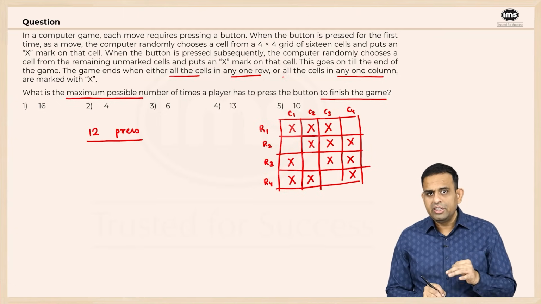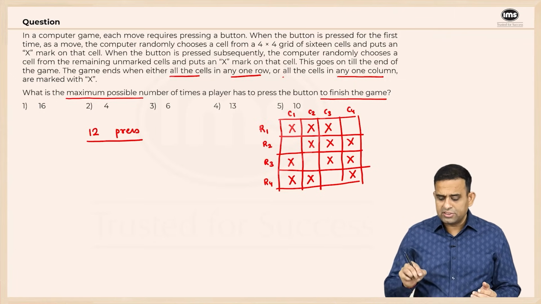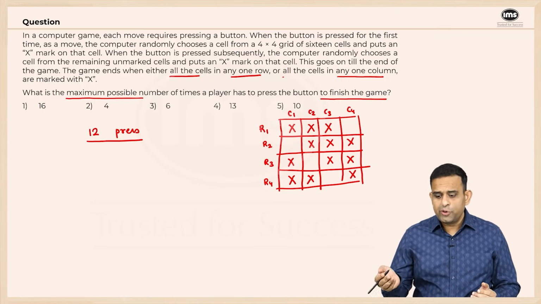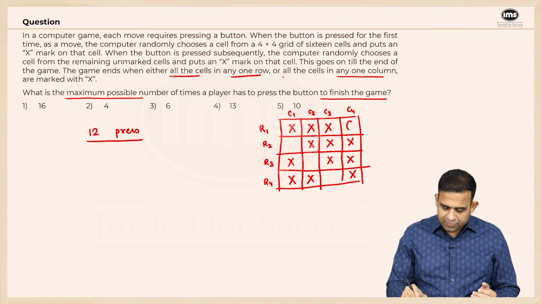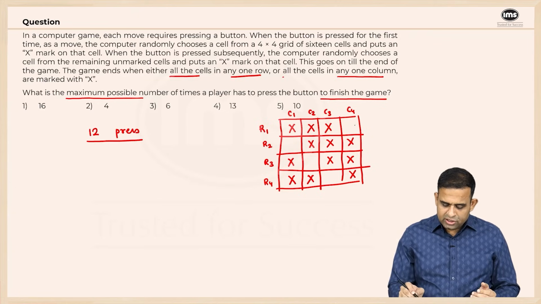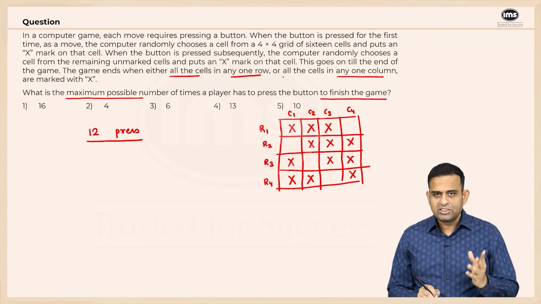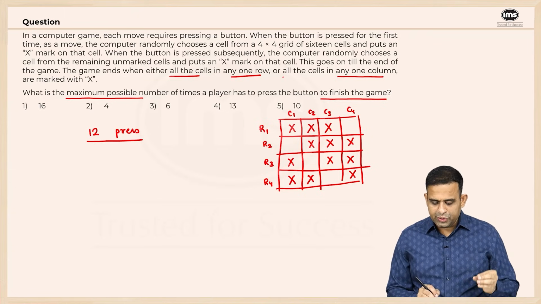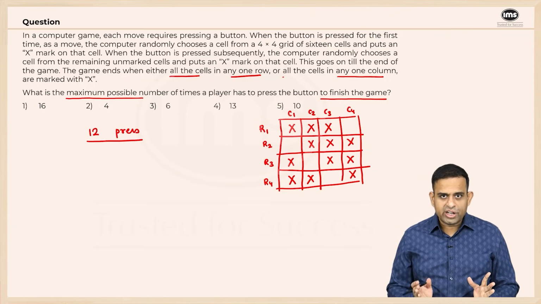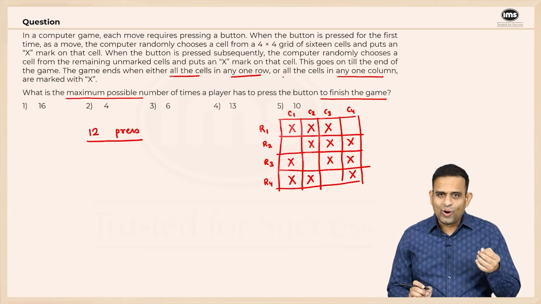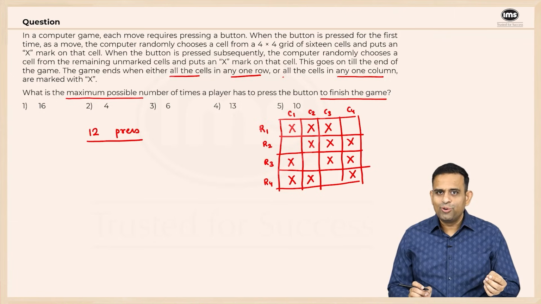If I press for the 13th time, the next X is either going to come over here or over here, so in R1 C4, or R2 C1, or R3 C2, or R4 C3. But whatever be the case, you are going to be very certain that one of the rows or columns is going to contain 4 X's, and that means the game is going to be over.